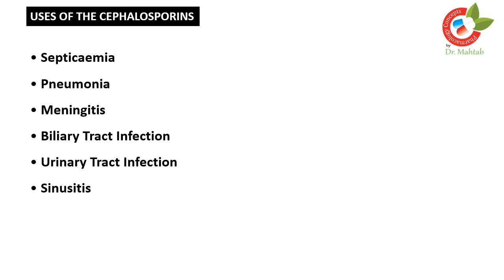For septicemia, cefuroxime and cefotaxime are recommended. What is septicemia? It is a serious bloodstream infection, also known as blood poisoning. Septicemia occurs when a bacterial infection elsewhere in the body, such as the lungs or skin, enters the bloodstream.